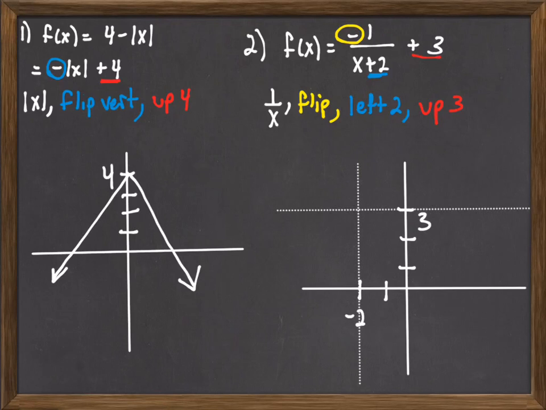Now 1 over x normally starts out underneath, but because of the negative, it's been flipped, so it'll actually begin above. And so we'll draw it in like that using those horizontal and vertical lines as guides. And then finally, it would normally be above, but because of the negative, it'll be underneath. And so we'd draw that in. And so our graph would look something like that.